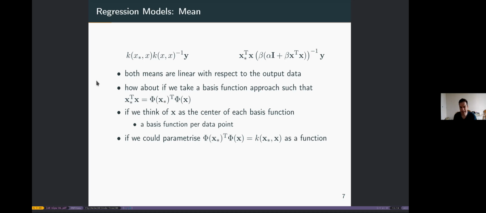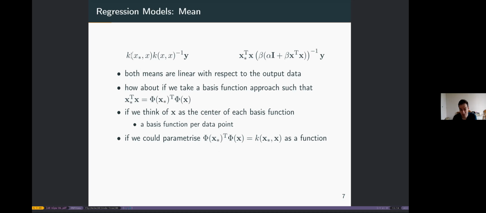Now, let's say that you could parameterize this inner product, because the data here always comes x, x, x, x. Say that you can parameterize that inner product itself as a function. Well, now if you would do that, you would see that these things would look pretty much exactly the same.